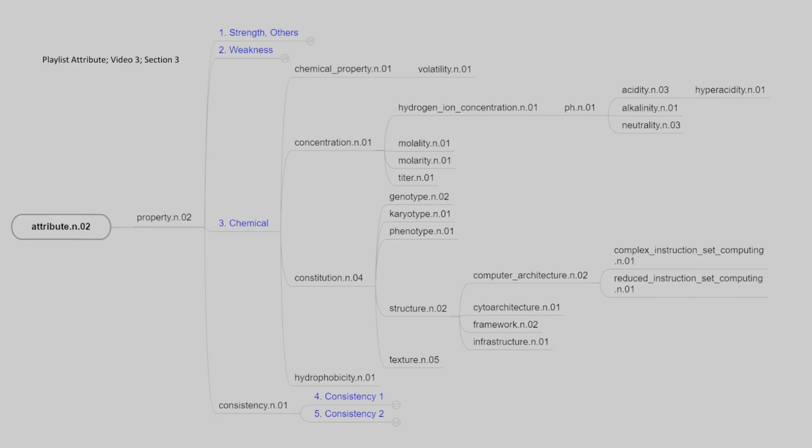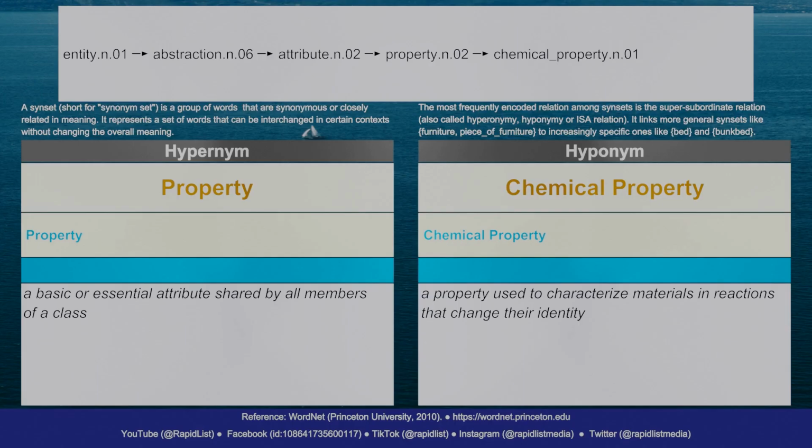Section 3. In this section we will explore some chemical properties such as concentration and constitution. Chemical property. A property used to characterize materials and reactions that change their identity.